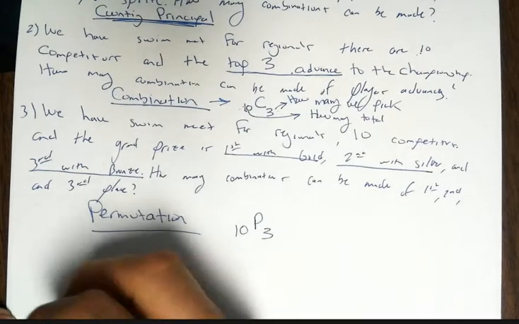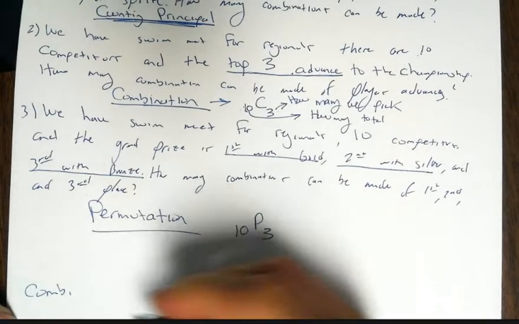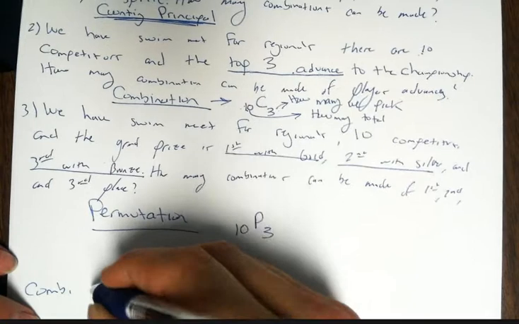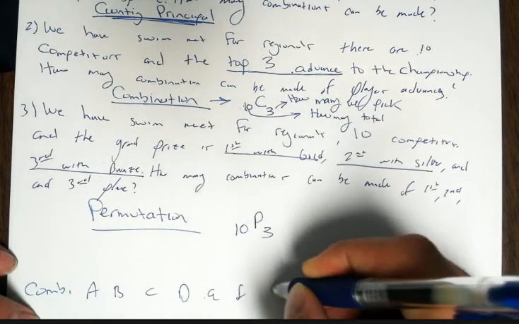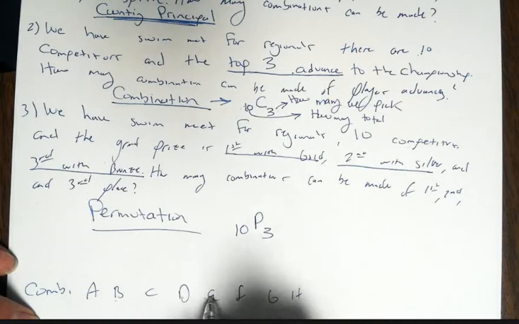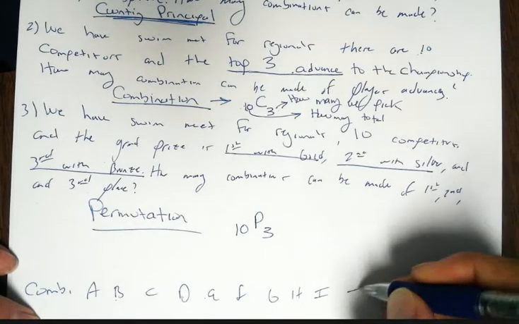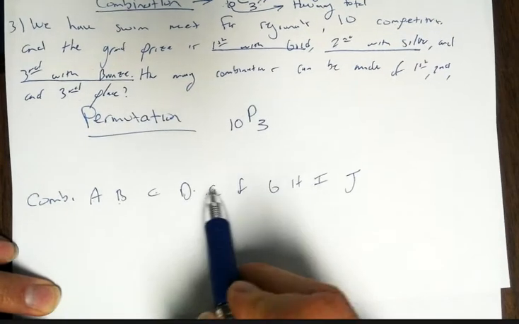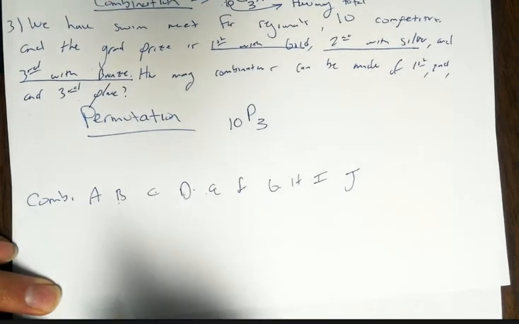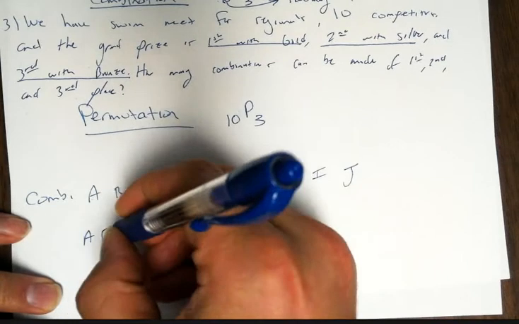So combination. Say I had 10 players and we called them A, B, C, D, E, F, G, H, I, J. Let's count 1, 2, 3, 4, 5, 6, 7, 8, 9, 10. It's 10 of them. And let's say A, B, C won.